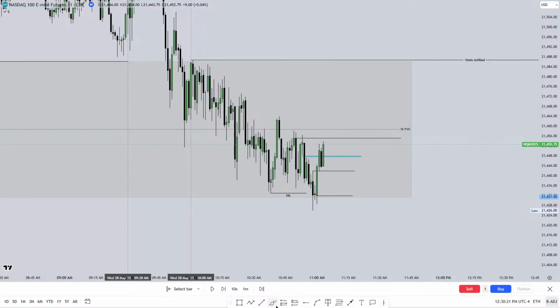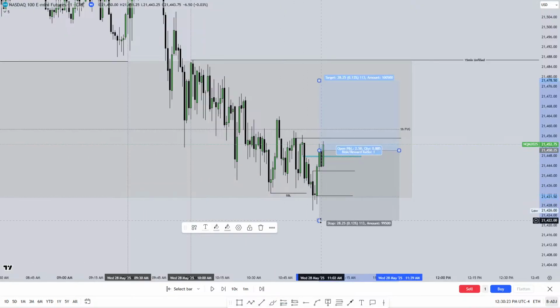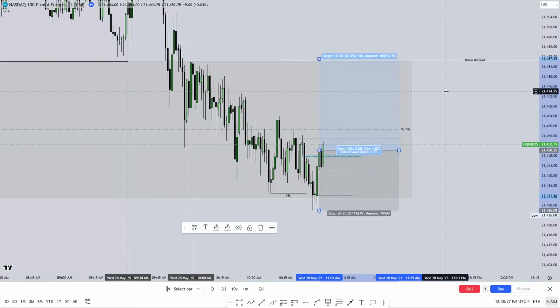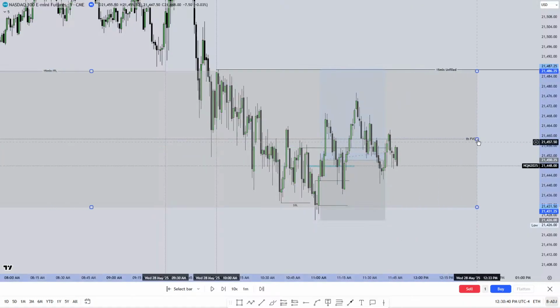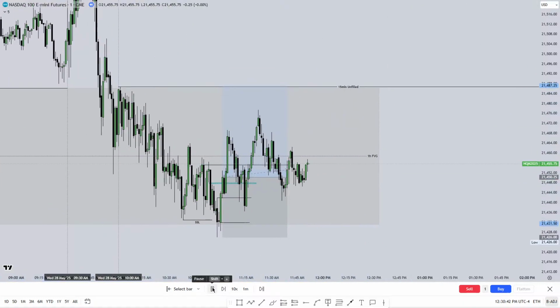But this would be your idea right here. And then you could target that for a 1 to 1.5. Probably would have been break even already. Yeah, super, super high resistance. Liquidity run right there.